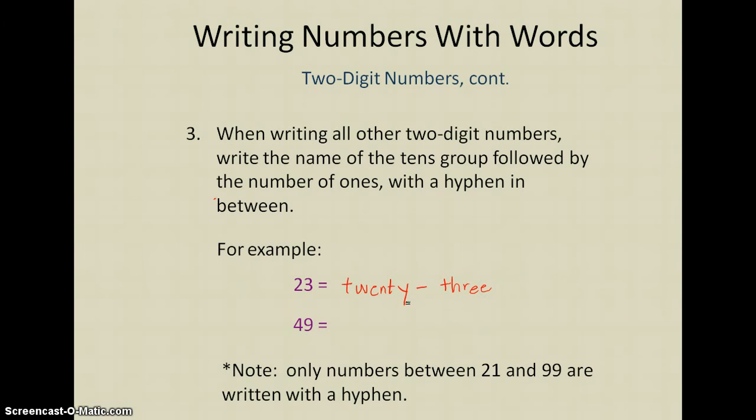So I would write out 23 in words, just like I would say it actually. To do the number 49, again I want to pay attention to spelling here. 40 is just F-O-R-T-Y, no U. And then I'm going to put a hyphen, and then I'm going to write 9 because I have 9 ones. So 49 would be written like that.